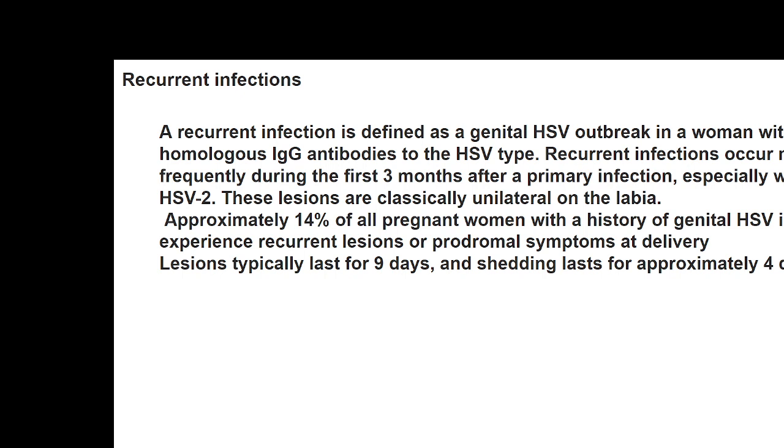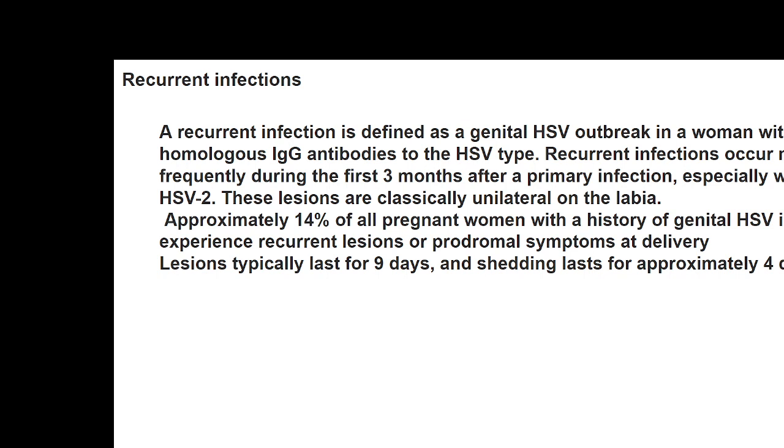Then the patient may have another presentation, recurrent infections. A recurrent infection is most commonly seen, where the patient has the typical genital outbreak, with local eruptions repeatedly. Usually the recurrence rate is quite high in the first 3 months after primary infection, and classically the lesions are unilateral over one side of the labia, and the patient may have IgG antibodies.